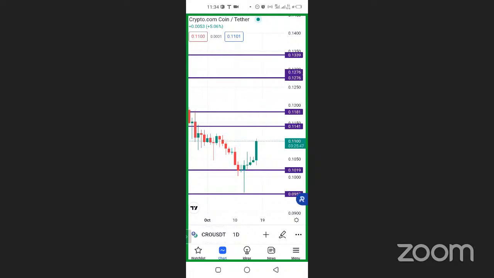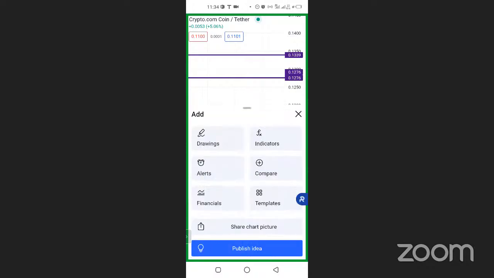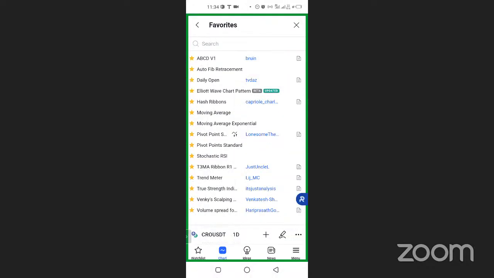Let's see if I could show you this. Okay, let me add in some indicators. I don't know whether they are here to help you again so that you can see.